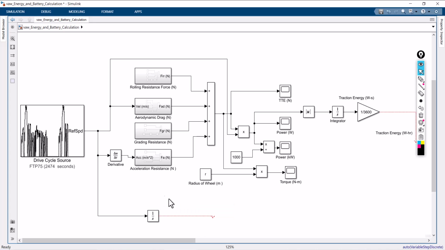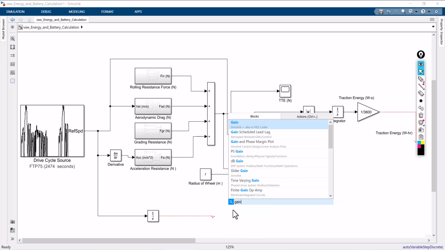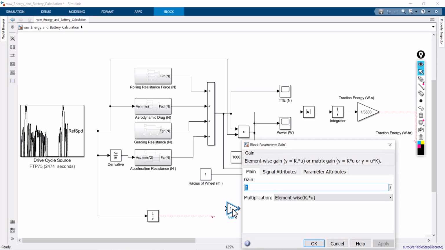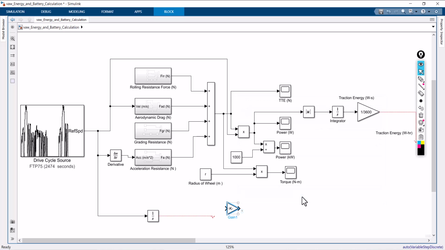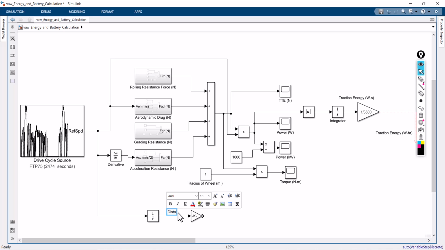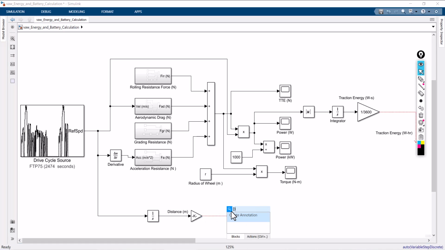I don't want it in meter, I want it in kilometer. Therefore, I am taking a gain. Let the gain value be 1 divided by 1000, which will convert meter into kilometer. Here it will be in meter and here it will be in kilometer.